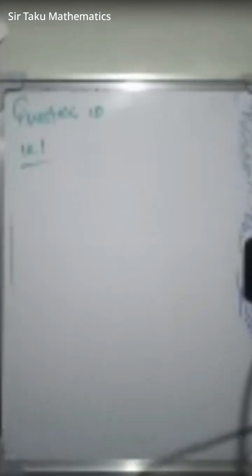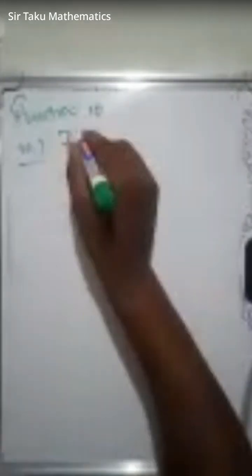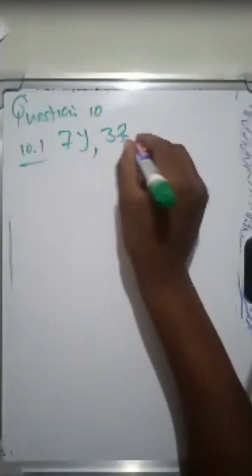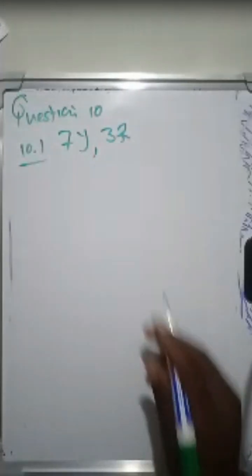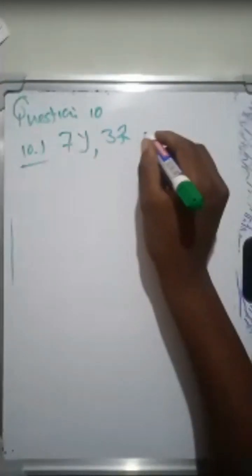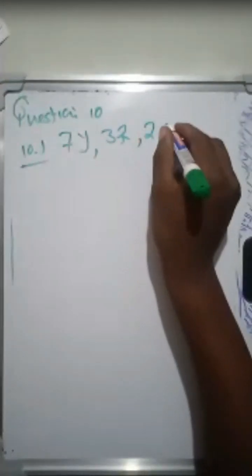A bag contains 7 yellow, 3 red balls, and 2 blue balls. A ball is chosen at random from the bag and not replaced.